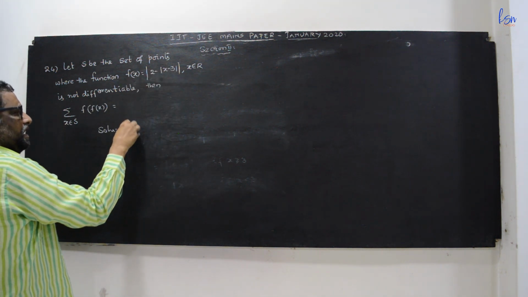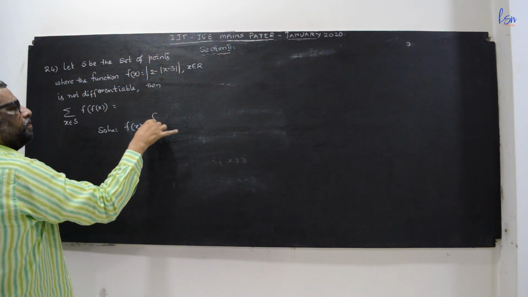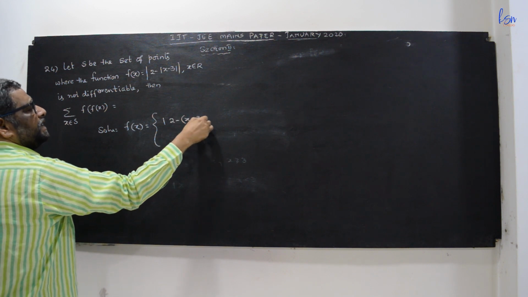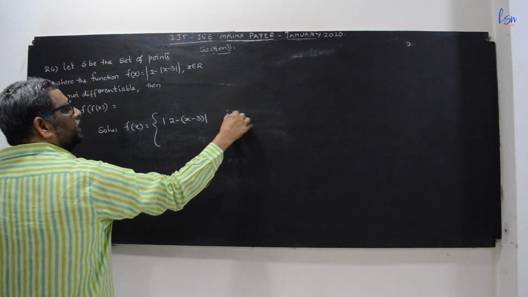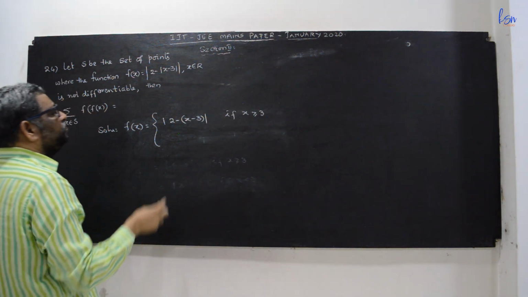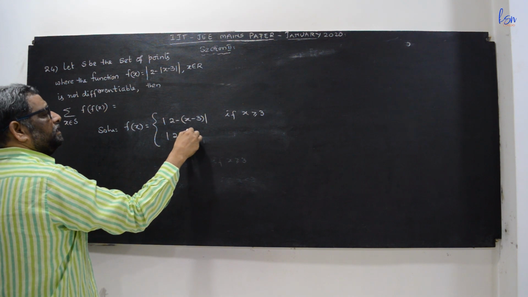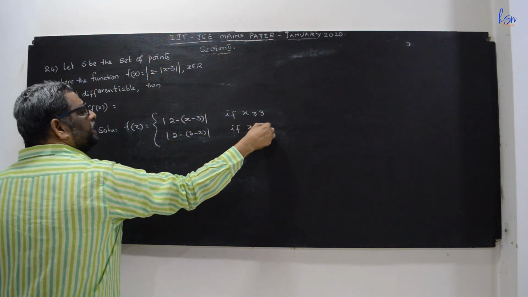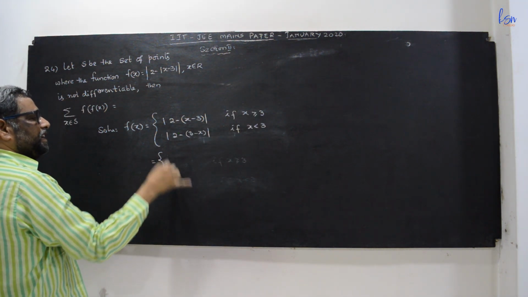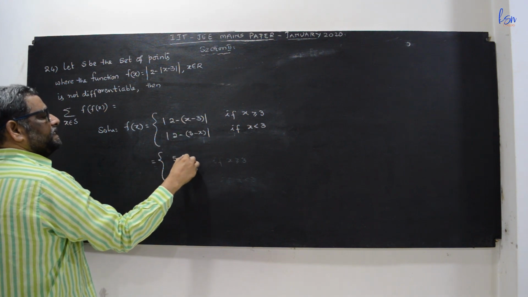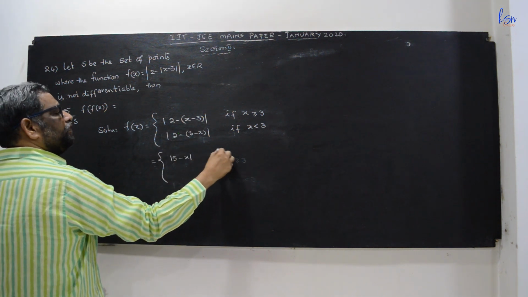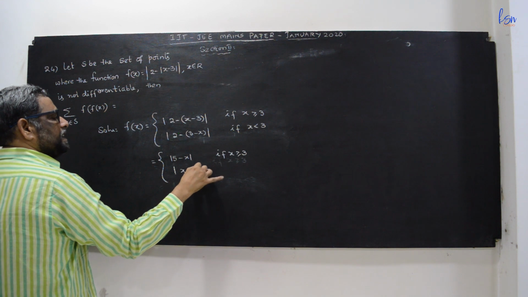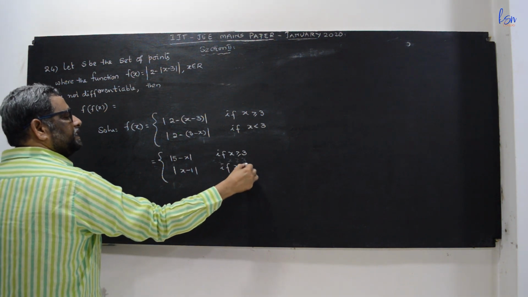Otherwise you can rewrite the function: f(x) is |2 - (x - 3)| if x is greater than or equal to 3, and |2 - (3 - x)| if x is less than 3. That can be written as |5 - x| if x is greater than or equal to 3, and |x - 1| if x is less than 3.